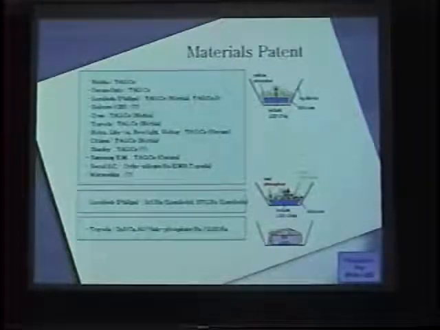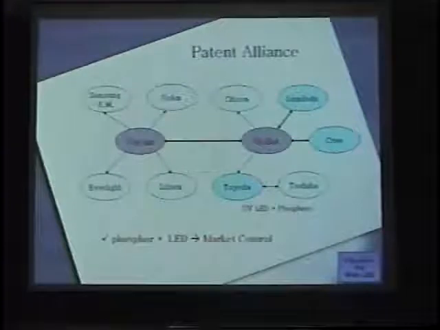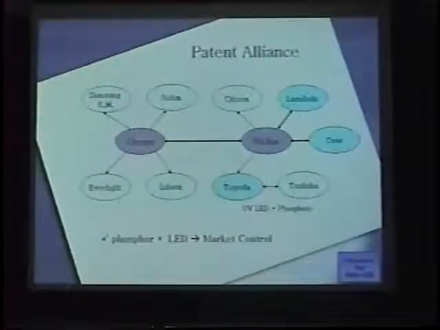Maybe sulfide, thiogallate, many materials. Also, Gelcore is a very, very aggressive company developing this kind of stuff. It's a patent alliance. It's a typical case where the phosphor controls the market.